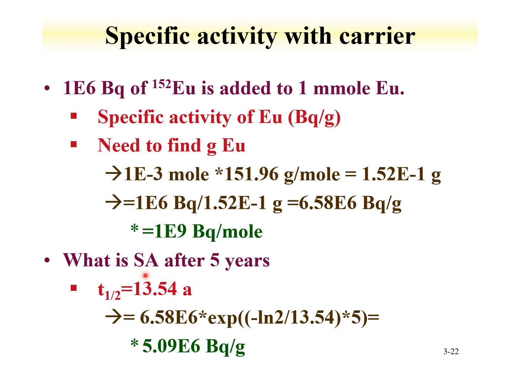The activity at time t would be equal to the initial activity times e to the minus lambda t. So in terms of becquerels per gram, in 5 years, it would go from 6.58 × 10⁶ becquerels per gram to 5.09 × 10⁶ becquerels per gram. So you do need to consider any changes in activity that would occur with your carrier and specific activity due to the half-life of the isotope that you're adding.